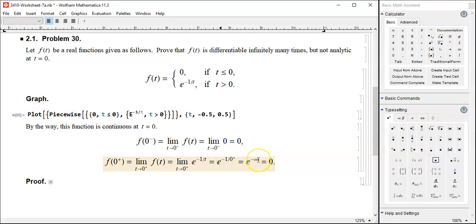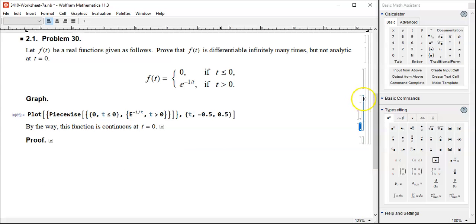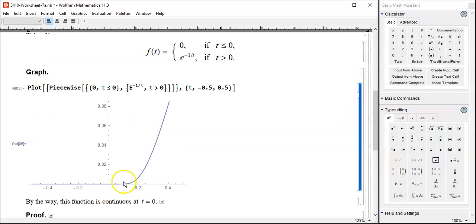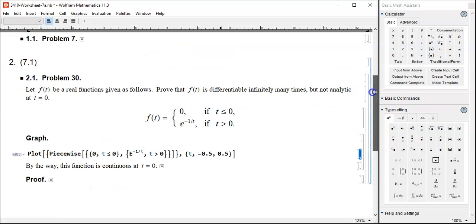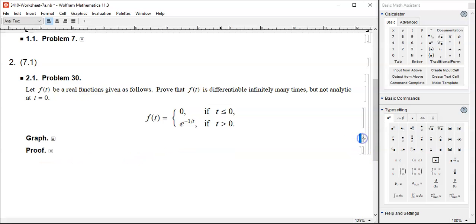So in total we have e to the negative infinity. E to the negative infinity, what is it? That's 0. Okay. That's one way to understand it, and that's the more graphical way to understand it. In any case, we have a continuous function. So this is a well-defined problem.